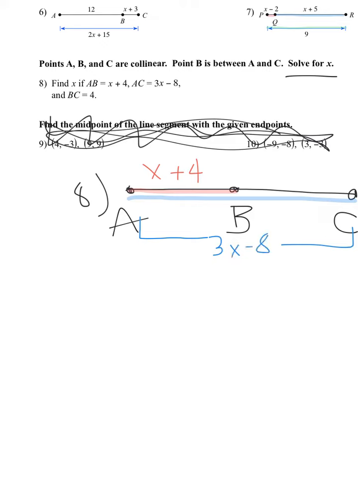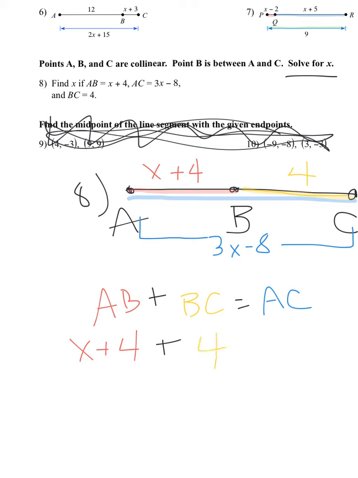And then they tell us that BC is 4. Now that I have my image, I'm going to take my AB, that red segment, and add it to my yellow segment, BC, and that's going to give me my total segment, that blue segment, AC. Now I'm going to start plugging my values in. I have x plus 4, and then I'm adding that to 4, and that equals 3x minus 8.